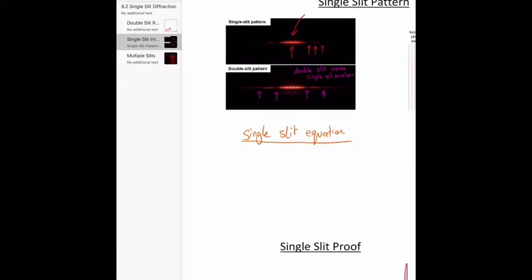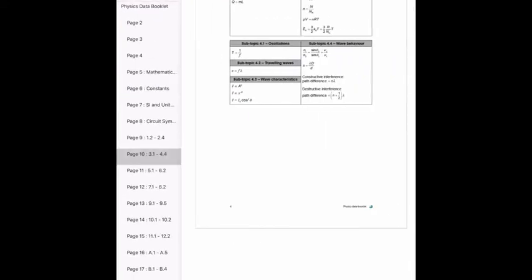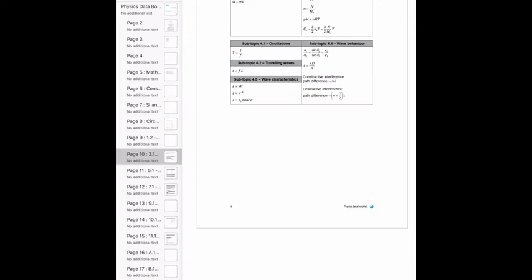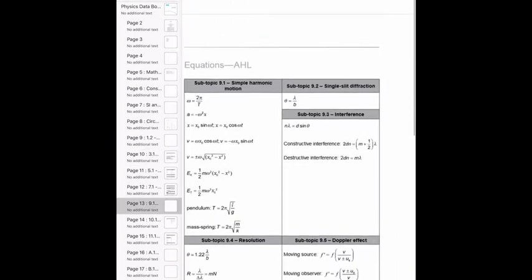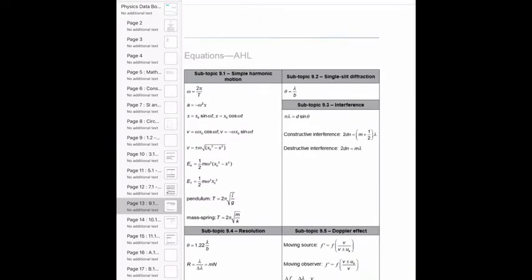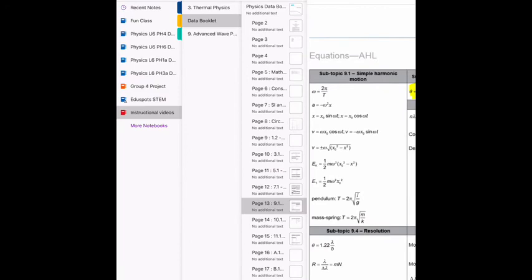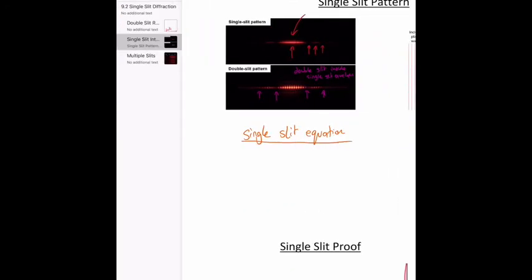So my equation is given in your formula booklet. I will show you where that is. So in your formula booklet, it's all part of chapter 9.1. So this is your single slit formula here. Theta equals lambda over b. So let's explore that.